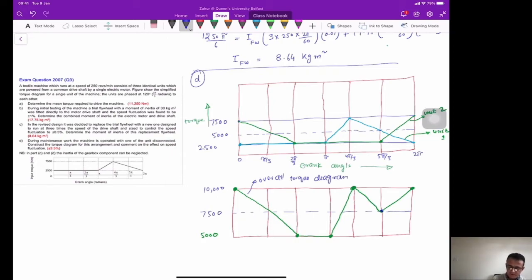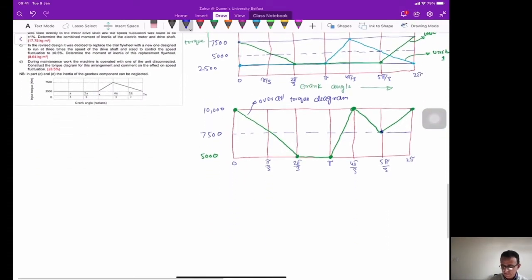And obviously on the x-axis we have here this is 0, this is pi by 3, this is 2 pi by 3, this is pi, this is 4 pi by 3, and this is 5 pi by 3, and this is 2 pi here.